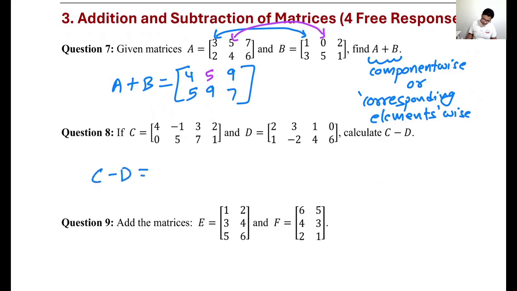So C minus D in this case will be 4 minus 2, 2. 2 minus 1, minus 3 will be minus 4. 3 minus 3, 0. 2 minus 0, 2. 0 minus 1, minus 1. 5 minus minus 2 makes it 7. 7 minus 4, 3. 1 minus 6, minus 5.